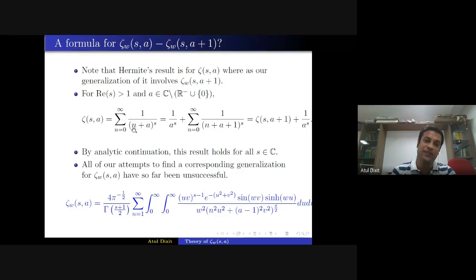In the case of the Riemann zeta function, you had just n. Now you translate it to n plus a. In the case of this particular zeta sub w of s comma a, look where does a sit? A sits in here, inside the double integral, in the integrand of the double integral. So even if you replace a by a plus 1, it's very clear that things won't be as easy.